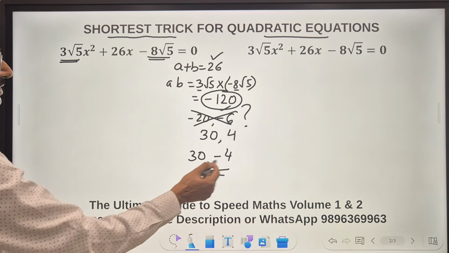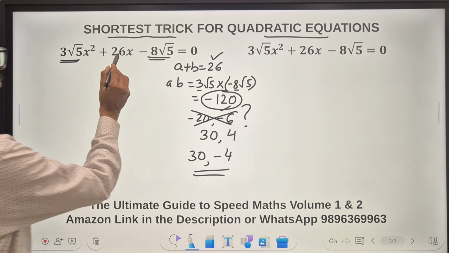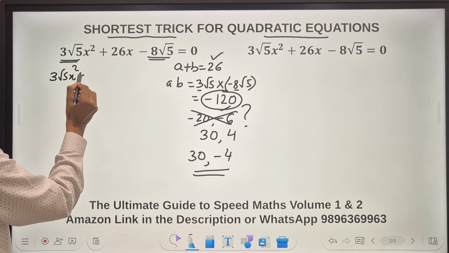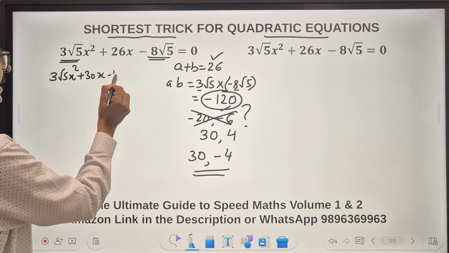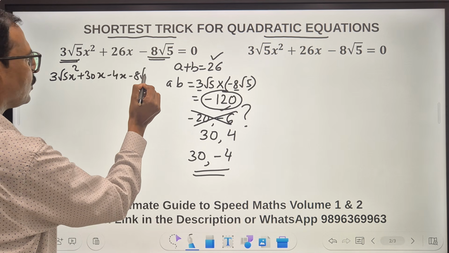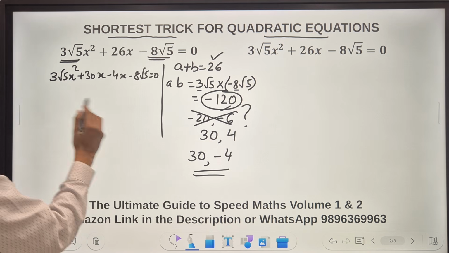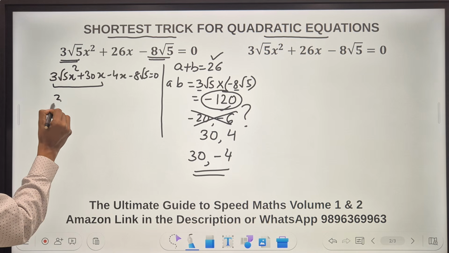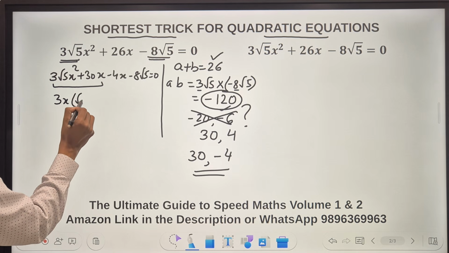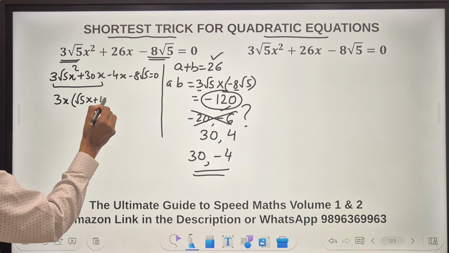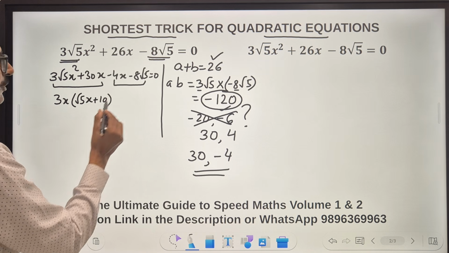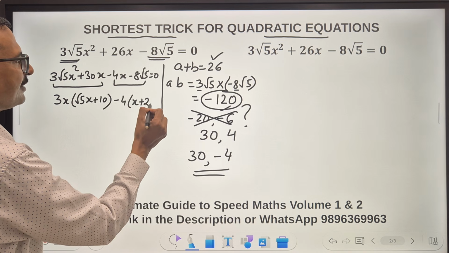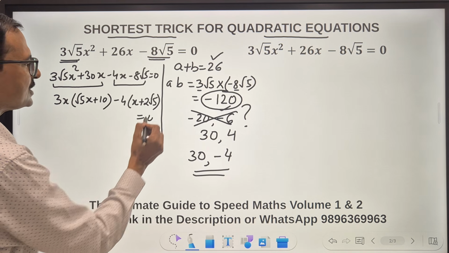So once having these factors, you just have to put it here, right? 3 root 5 x square plus 30x minus 4x minus 8 root 5 equal to 0. Now this is what the students are doing, and then they take out the common factor, an obvious common factor 3x, which gives me root 5x plus 10 in the bracket, and then the common factor from the other two is minus 4, so x plus 2 root 5 in the bracket equal to 0.